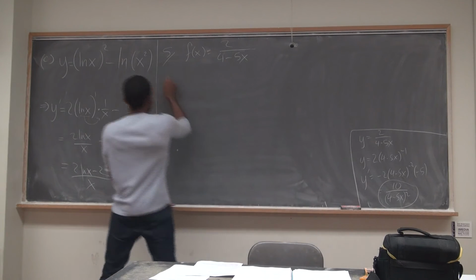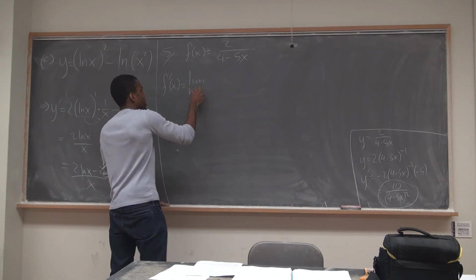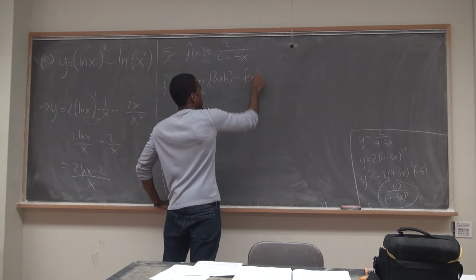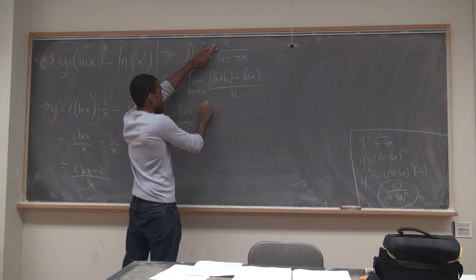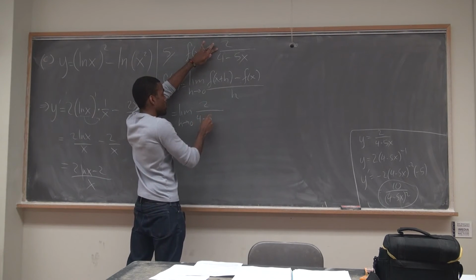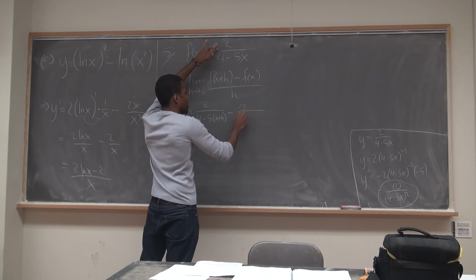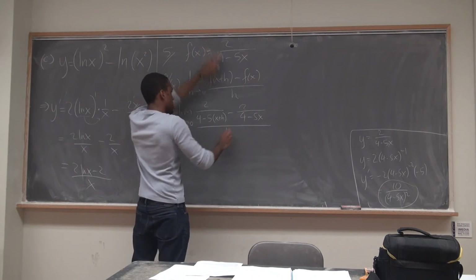So now we're going to have f prime of x is the limit as h approaches 0 of f of x plus h minus f of x over h. Replace all x's with x plus h. Here write the original function. And that's all over h.